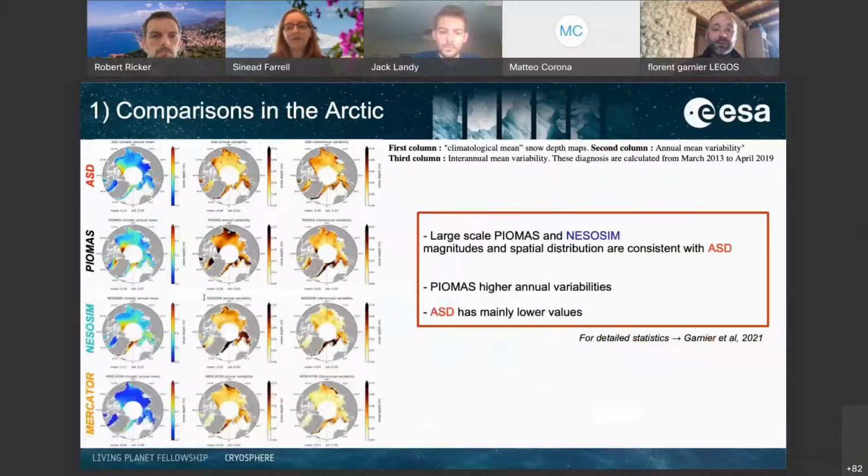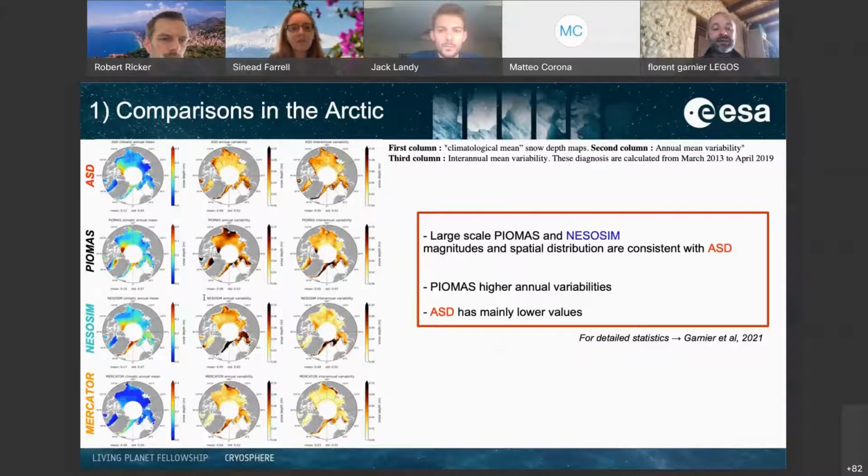We have also compared with three models, Biomass, Nesosim, and the Mercator Ocean model. The figure on the left are the global mean between March 2013 and April 2019. In the middle, it is the mean annual variability, and on the right, the mean interannual variability. So even if there are some clear differences between the representation, in particular in terms of variabilities, we're quite happy to find good coherences between the pattern in ISD, Biomass, and Nesosim.